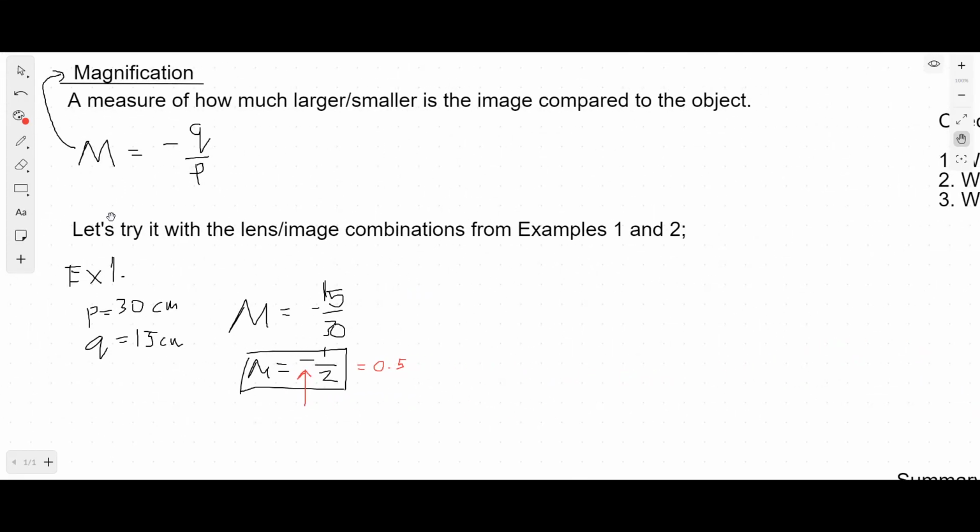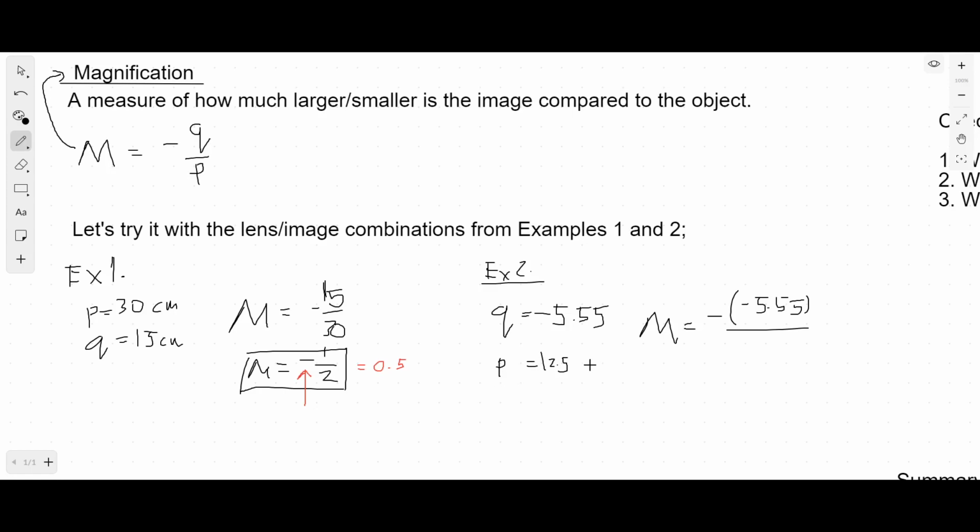Let's do the same thing for the numbers from example 2. Example 2 had a Q of negative 5.55 and a P of 12.5. To find the M, we put a negative because that's in the equation, and we had another negative for Q. Those negatives will cancel out in just a second.